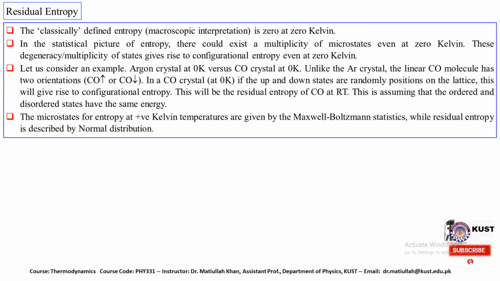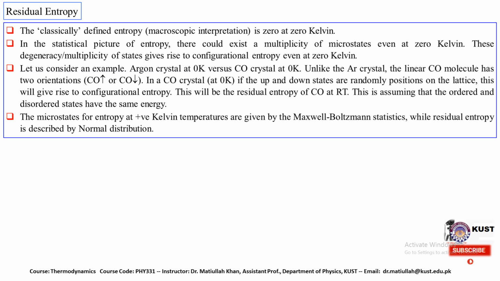The last topic of this lecture is the residual entropy of a system. It is the classical description of entropy, where the classically defined entropy, the macroscopic interpretation, is 0 at 0 Kelvin. That is also called the third law of thermodynamics, that the entropy of any macroscopic system is 0 or constant at 0 Kelvin.